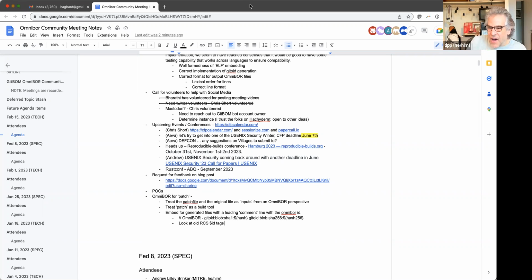Just a question. But part of the patch file thing, and maybe Ava, I'm not sure whether this is what you said and I didn't parse it correctly, and if I'm repeating what you said, please correct me. It feels like a patch file applied to a source file is very much like what we would do in Git, where we have a different branch tag, or tag for revision, because what we're doing is applying a patch.